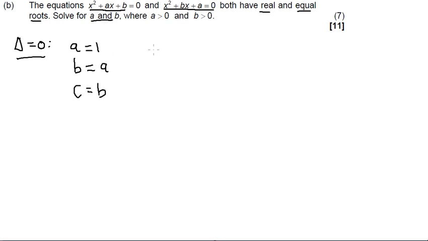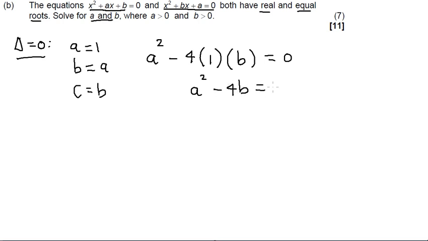So delta, which is b squared minus 4ac, will become a squared minus 4 into 1 into b, that must equal 0. If I clean this up, you're going to get a squared minus 4b is equal to 0, and I'm going to call this equation number 1.